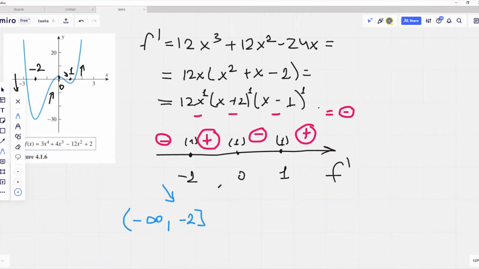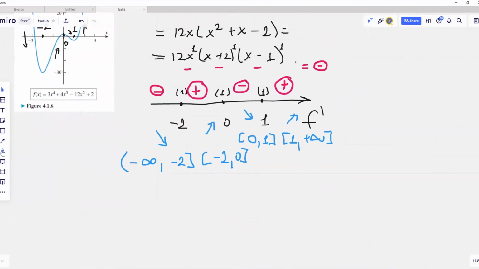Then our function is increasing on closed interval from minus 2 to 0, since f prime is positive. And in this interval here from 0 to 1, closed interval from 0 to 1, our function is decreasing again. And in last interval from 1 to plus infinity, our function is increasing.